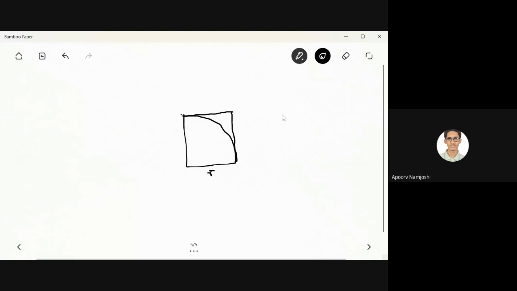Now, a given result that we have is the following. The area of the quadrant, not the entire circle.